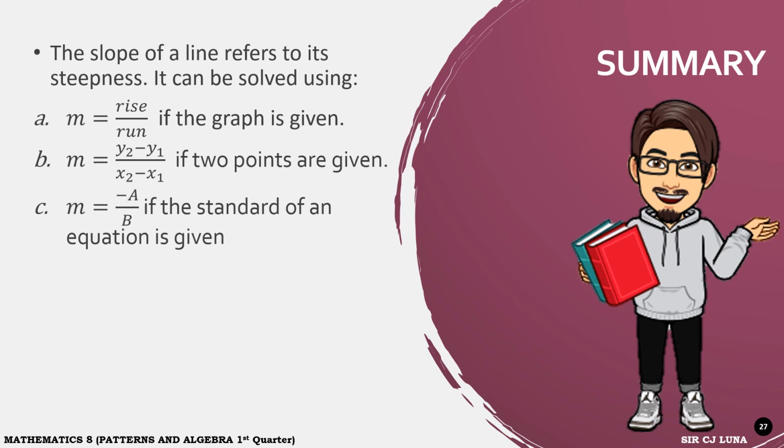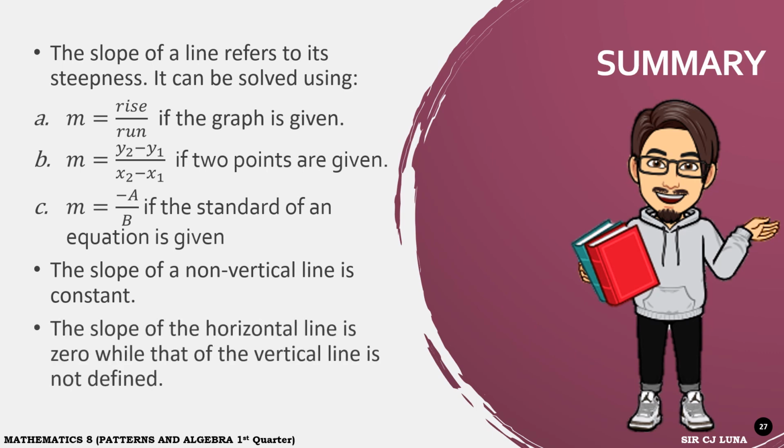Kapag naman ang given mo ay equation at nasa standard form, pwede mong gamitin ay negative a over b. The slope of a non-vertical line is constant. The slope of the horizontal line is 0, while that of the vertical line is not defined.